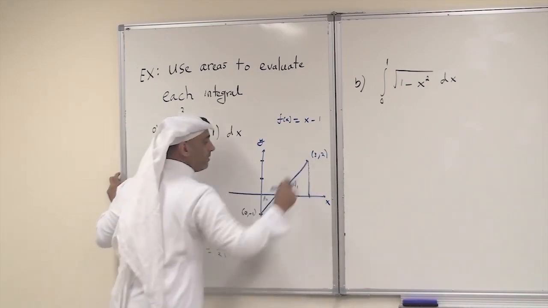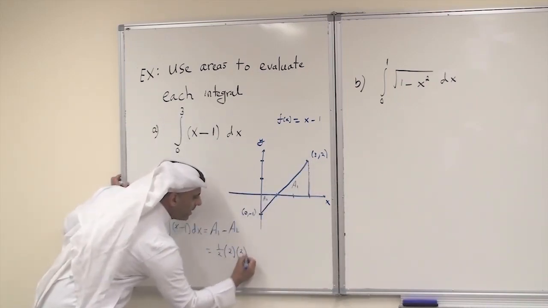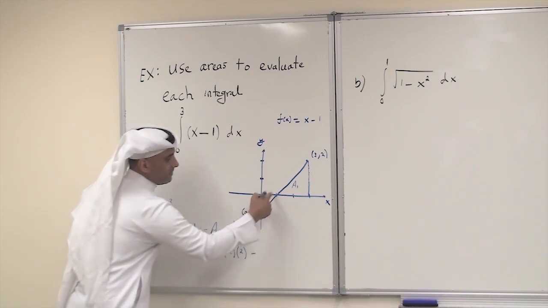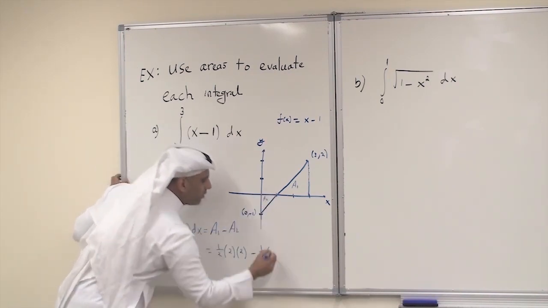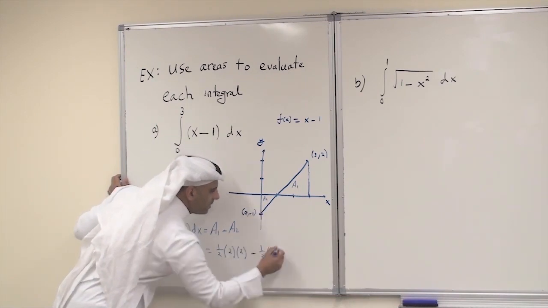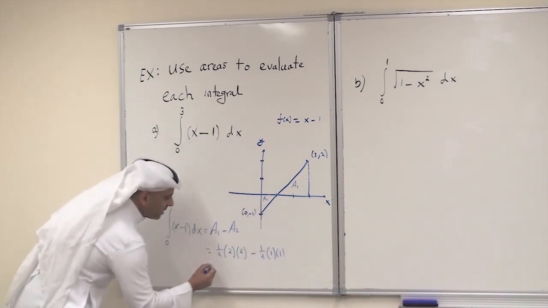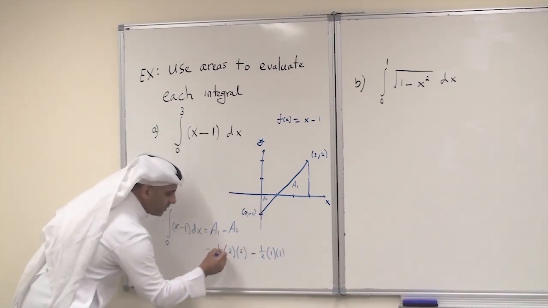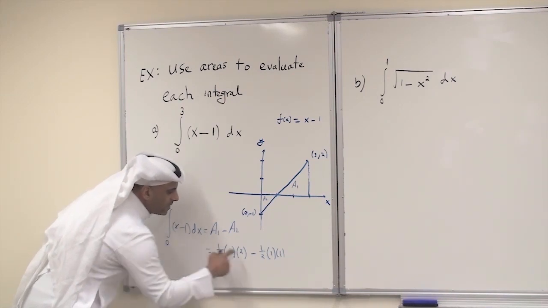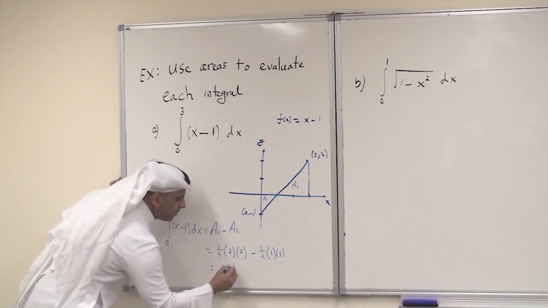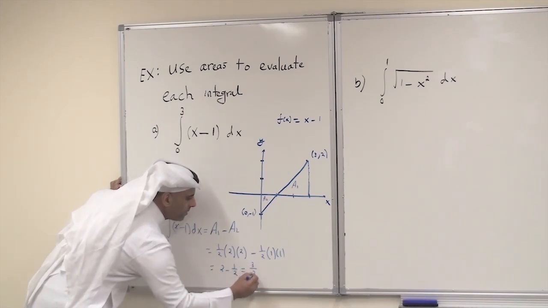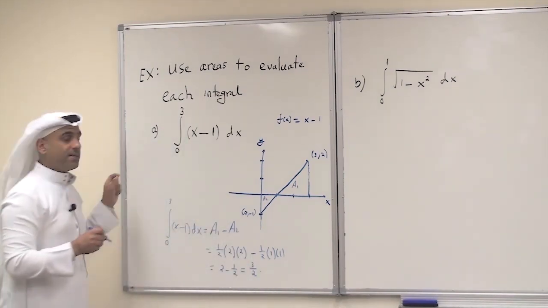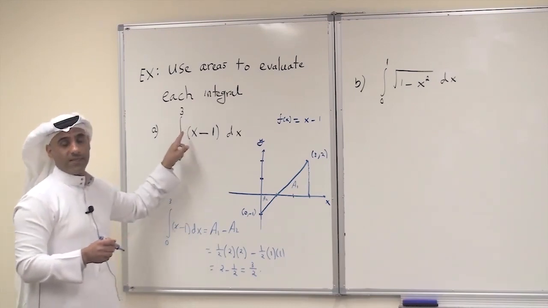The height also is equal to 2, so this is equal to 2, minus area number 2, which is 1/2 times the base equal to 1, and clearly the altitude is equal to 1. So the final answer is, of course, 2 divided by 2, that will be 1. So I have 2 minus 1/2, which is simply equal to 3/2.